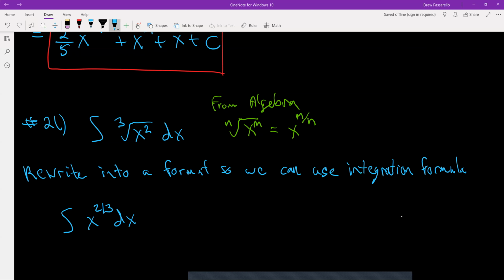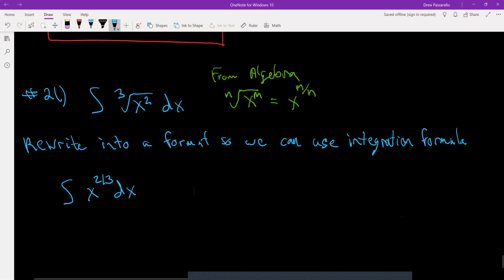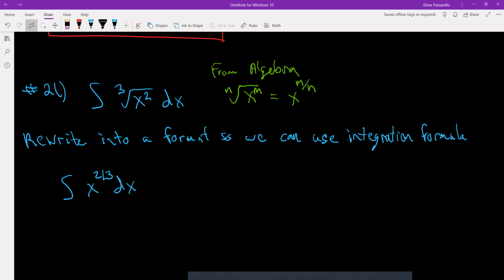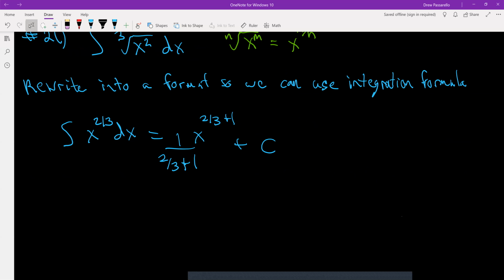And then dx. Now I can apply the rule that we already know where we add 1 to its exponent. So that's going to be x to the 2/3 plus 1, and then you divide by that same value, so 1 over 2/3 plus 1, and then plus c, our constant of integration. 2/3 plus 1.